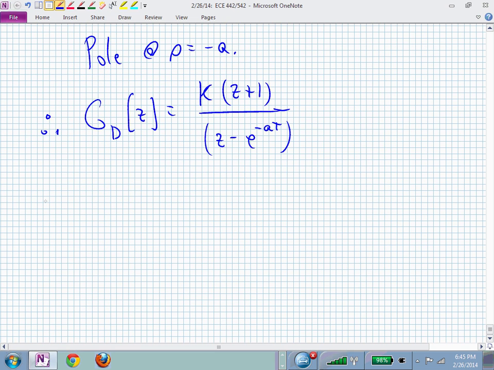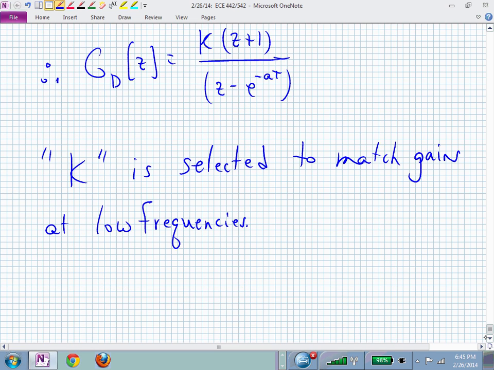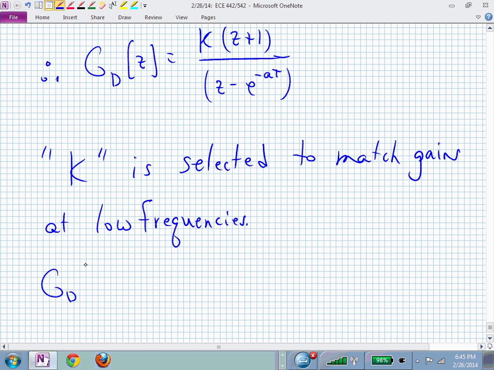And if we find the K, K is selected, since it's a low-pass filter, to match gains at low frequencies.